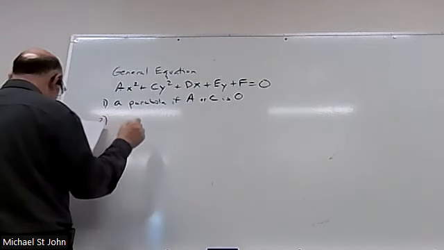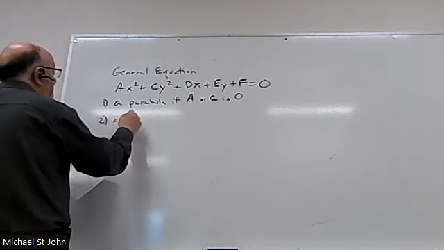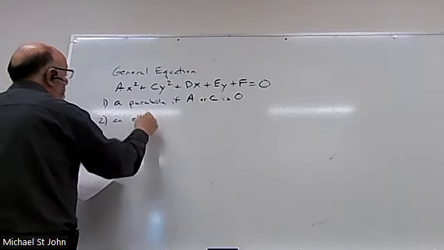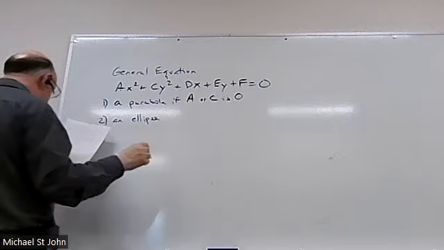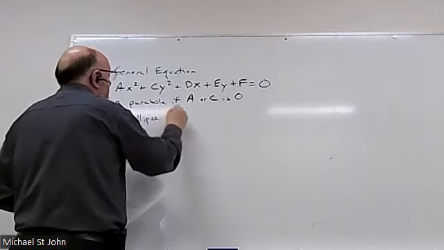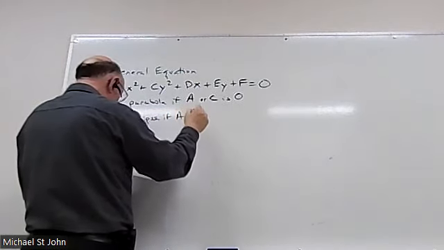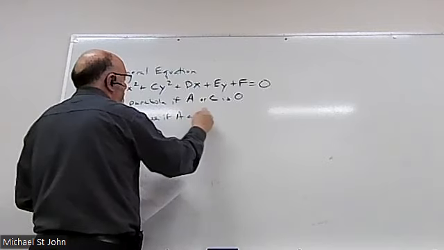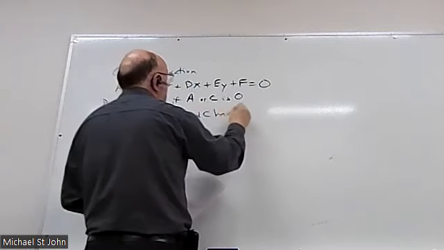Two is we would have an ellipse if A and C have the same sign.